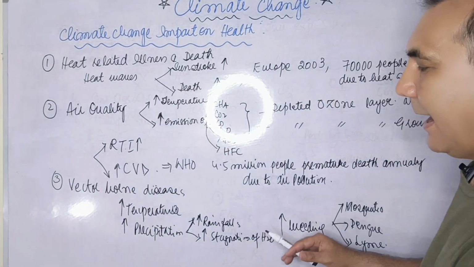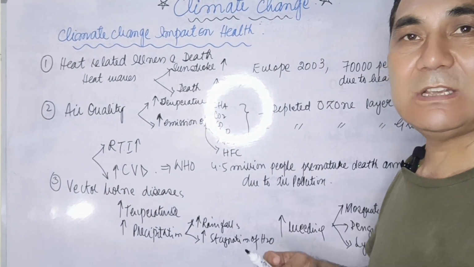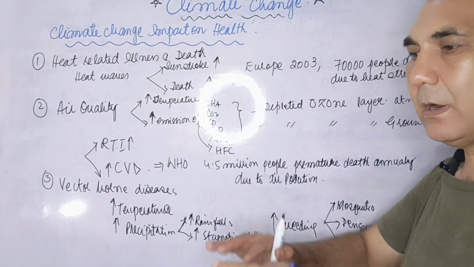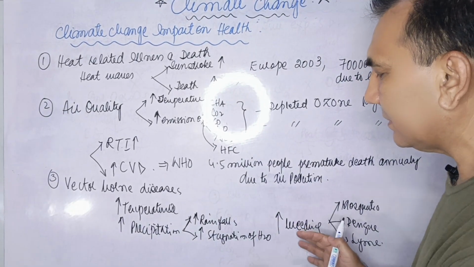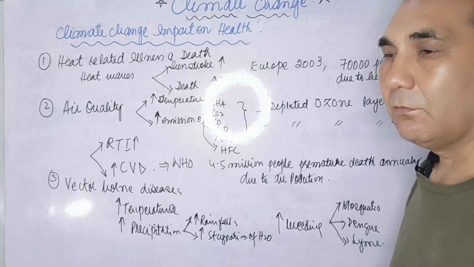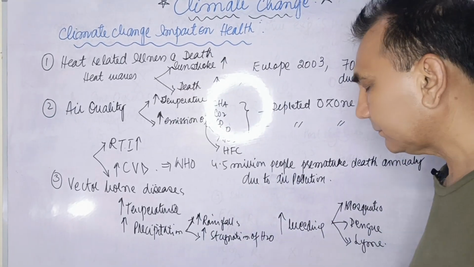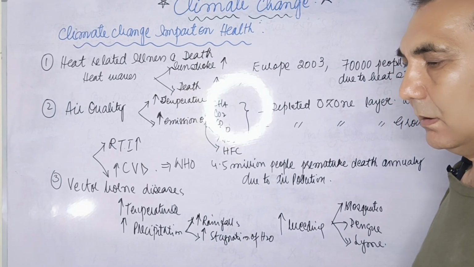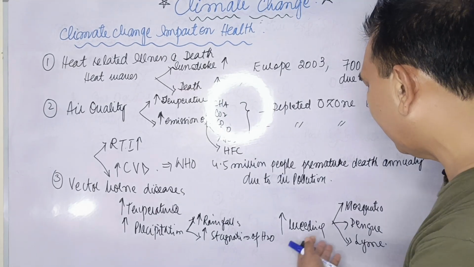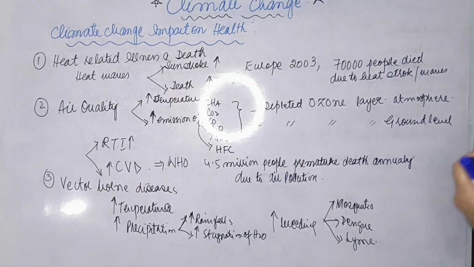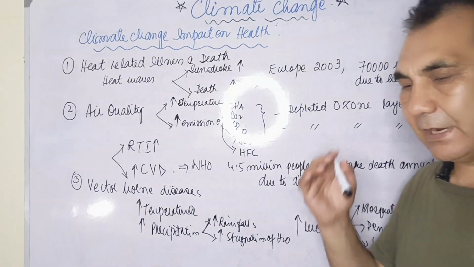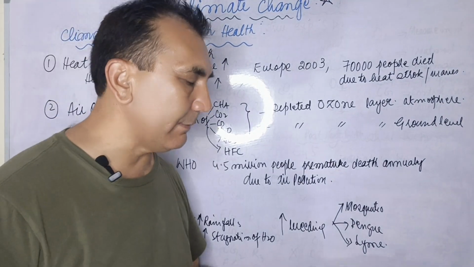Then definitely the frequency of the rainfall will increase, and the water becomes stagnated in different natural forms like ponds. This provides a very facilitated environment for the breeding of dengue mosquitoes, Anopheles mosquito, Aedes aegypti, and so on, for Lyme as well.